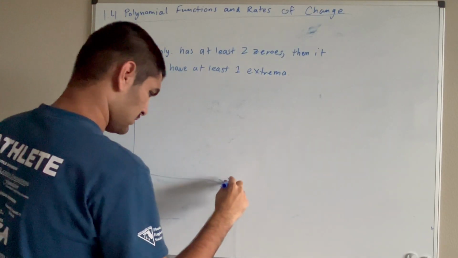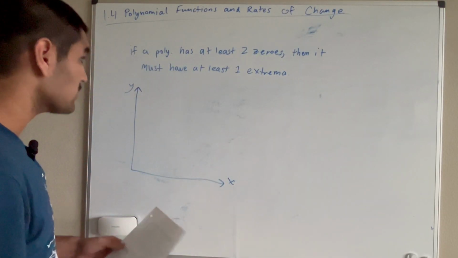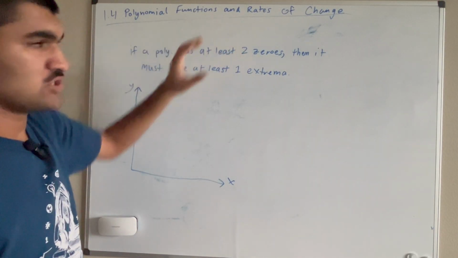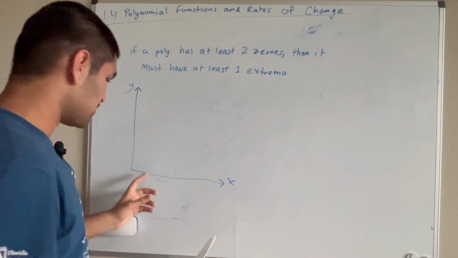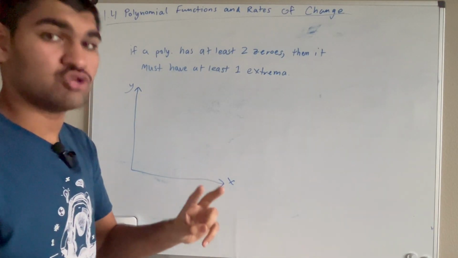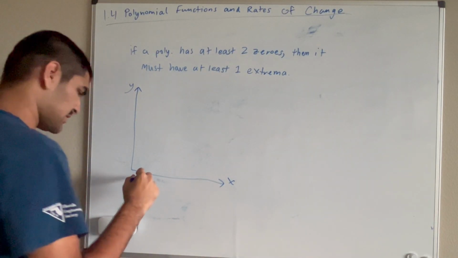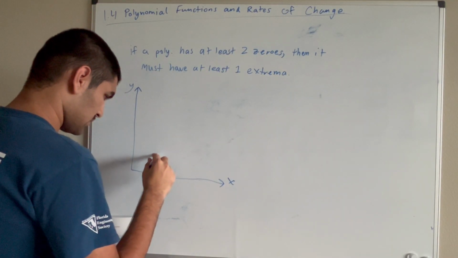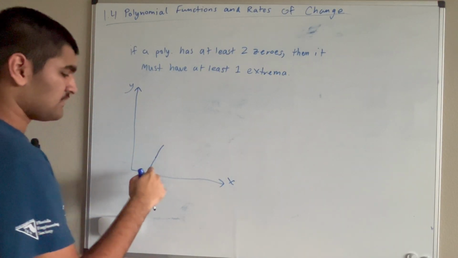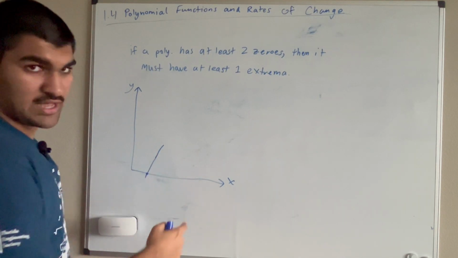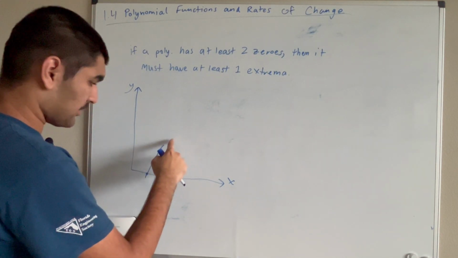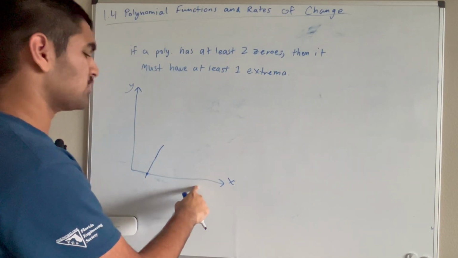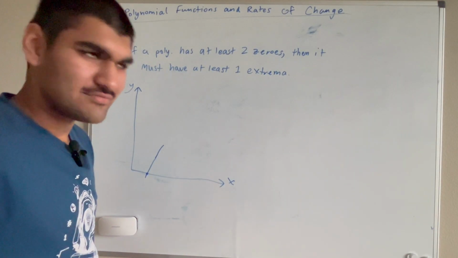So again, if we graph it. The condition is that the polynomial has to have at least two zeros, right? So that means that it has to intersect the x-axis at least two times. So let's say we intersect the x-axis one time, right here. Now, if it is to intersect the x-axis again, and we're going up currently, it has to come down at some point in order to intercept the x-axis again.